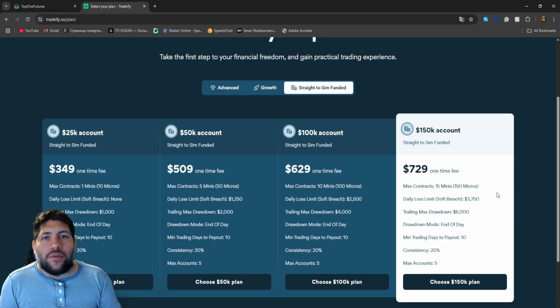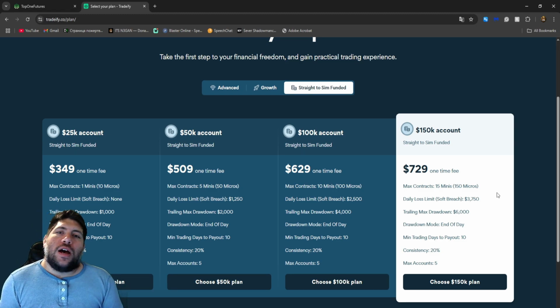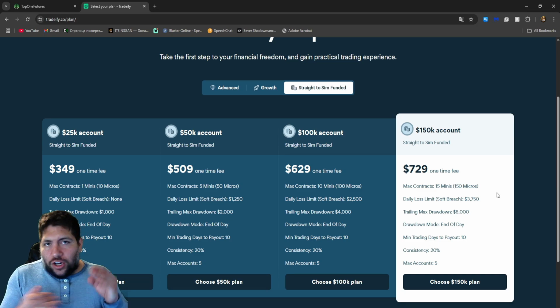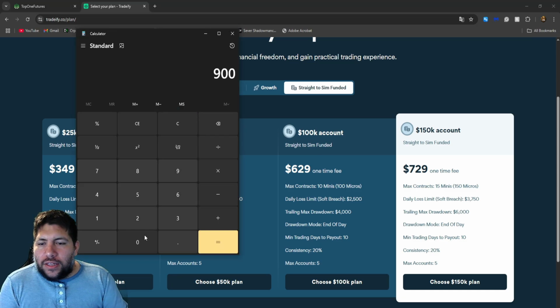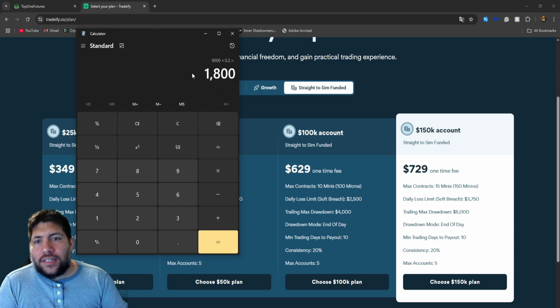Now, how do you get to that number of $1,800 and below? There is a simple equation that you do. It is essentially the target number, which is 9,000, and then you times that by 20%. So quickly, 9,000 times 0.20 will equal $1,800. So if you make $1,800 or less, then your target will be that $9,000.